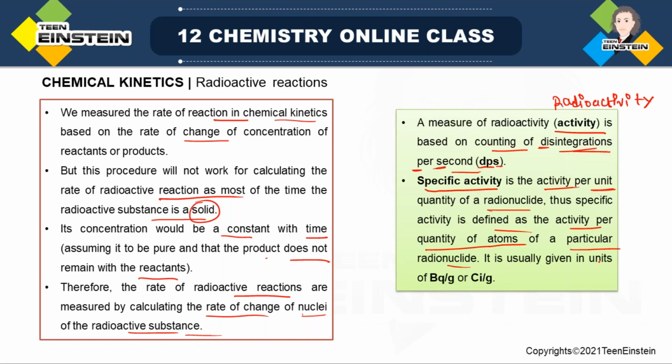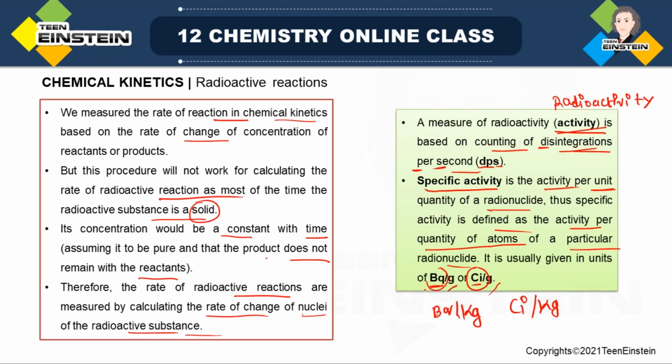And the unit that we use for specific activity is Bq per gram, Becquerel per gram, or curie per gram. These two units we have not discussed yet, but we will discuss them in the next slide. But remember, it is just like activity, the only difference is that now it is per unit mass. Here only gram is mentioned, but it may be kilogram also, that is Bq per kg or curie per kg.